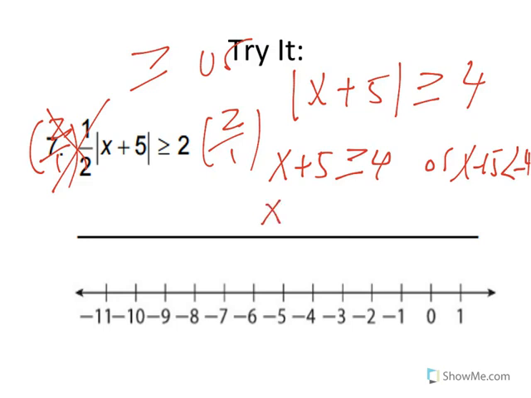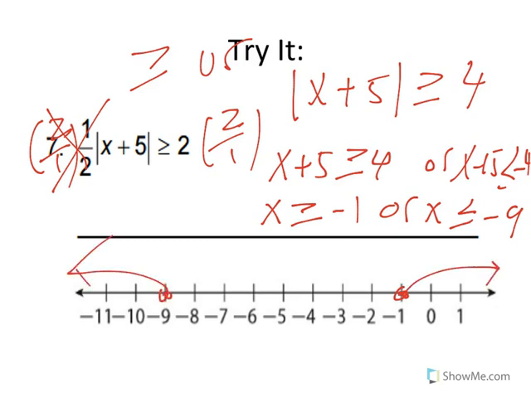Solve for it: x greater than or equal to 4 minus 5 gives us -1, or x less than or equal to -4 minus 5, so x is less than or equal to -9. So greater than or equal to -1, a solid dot pointing toward the right, and less than or equal to -9, a solid dot pointing toward the left.